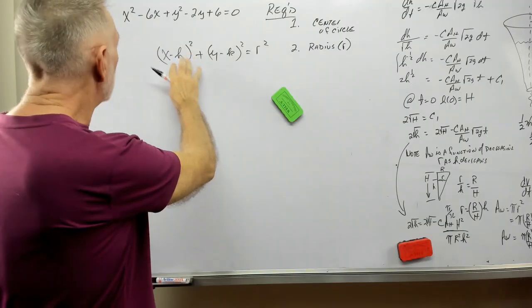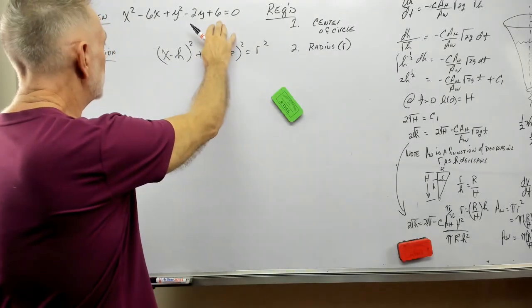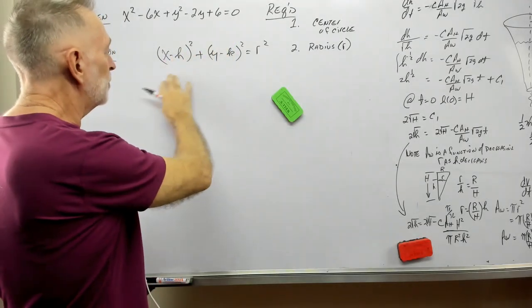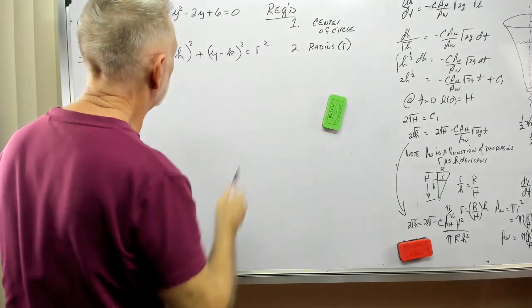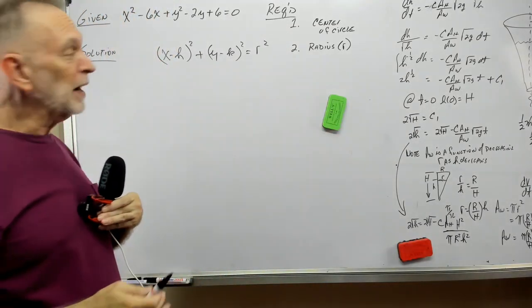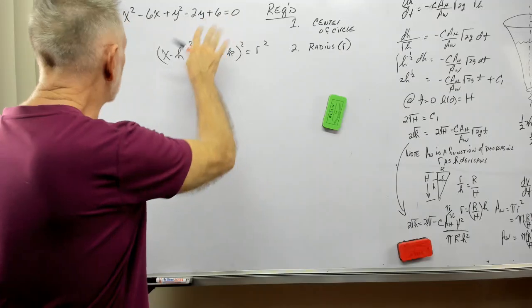How can we take this equation and put it into some form like this? Well, the first thing that comes to my mind is get rid of the 6.